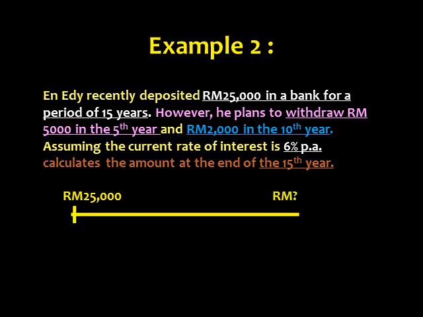We want to calculate after 15 years how much the accumulated amount of Encik Adi's money is, with interest of 6% per annum, and he planned to withdraw RM5,000 in the 5th year, and also in year 10 he decided to take out another 2,000.